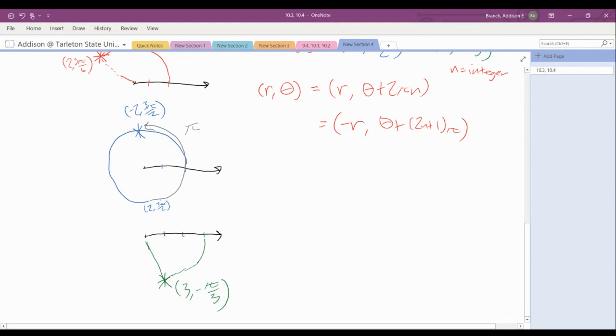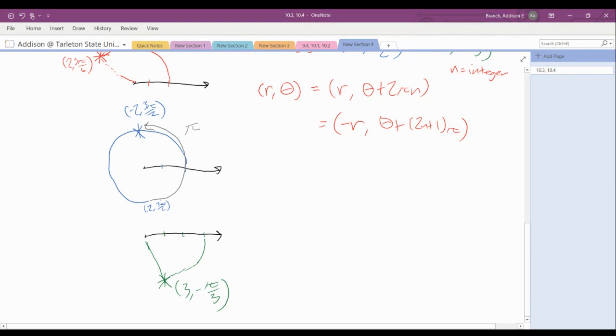This makes sense because 2n+1 makes sure that we're multiplying by odd multiples of π: π, 3π, 5π, all of those. And we know that takes you in the complete opposite direction of your initial angle. But that negative r is essentially saying, add π again, and that's going to take you right back to where you started.